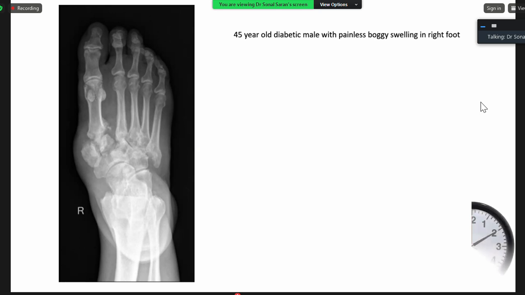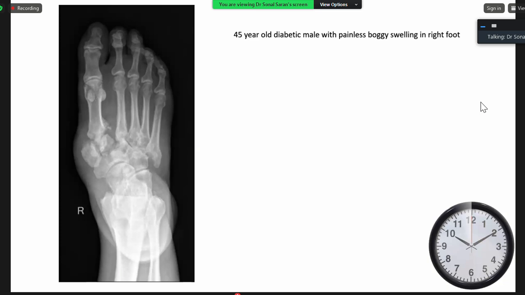What do you see here? Right. So you must be aware of two types of joints in the midfoot region. First, we have the Lisfranc joint. The Lisfranc joint is basically formed by the tarsal and metatarsal bones, so these are the tarso-metatarsal joints.